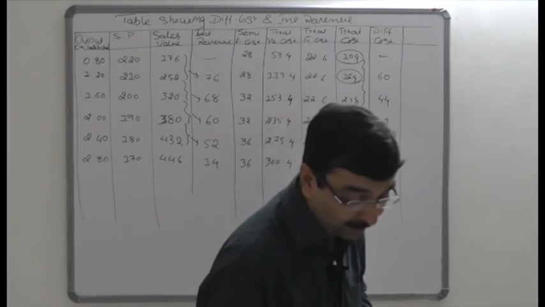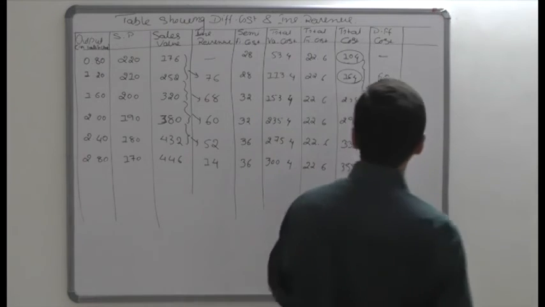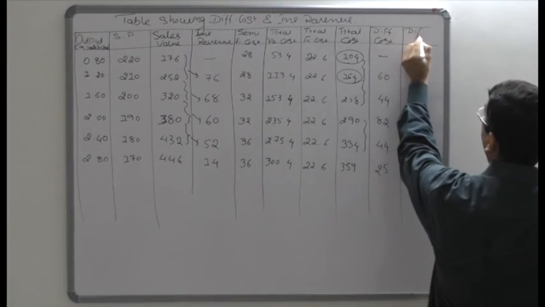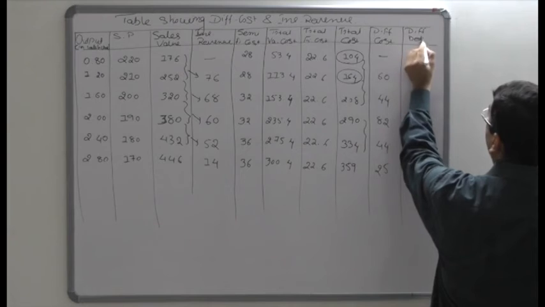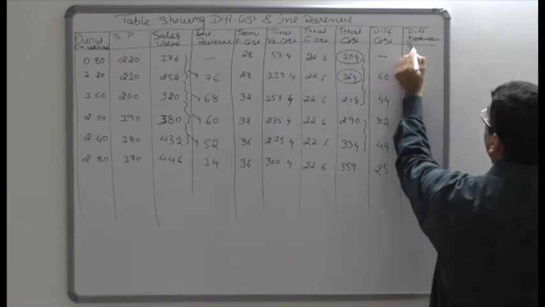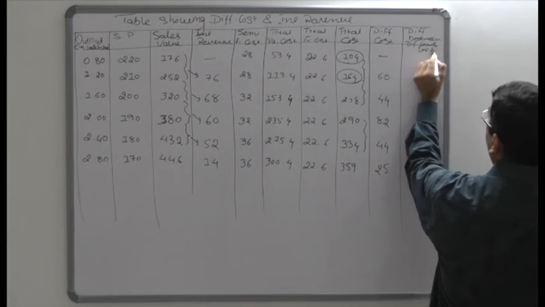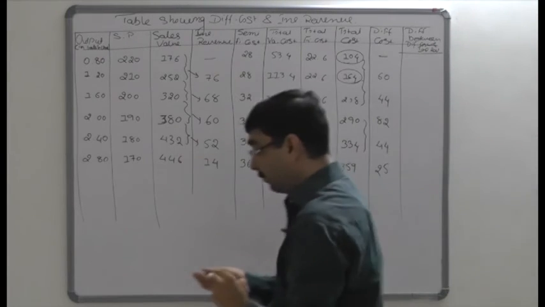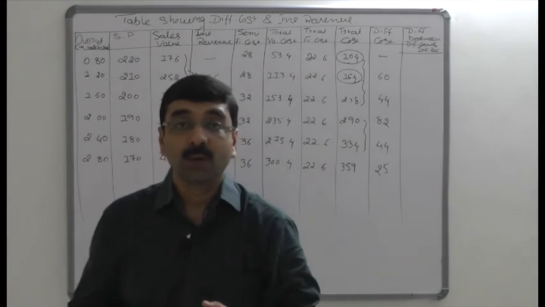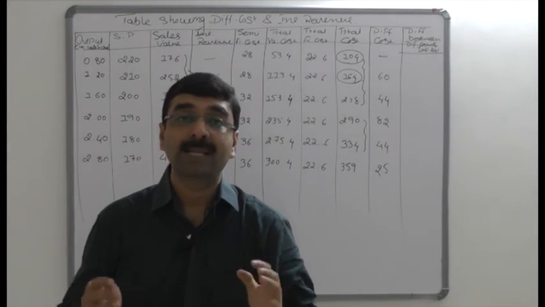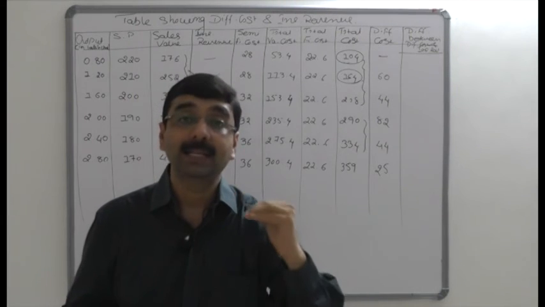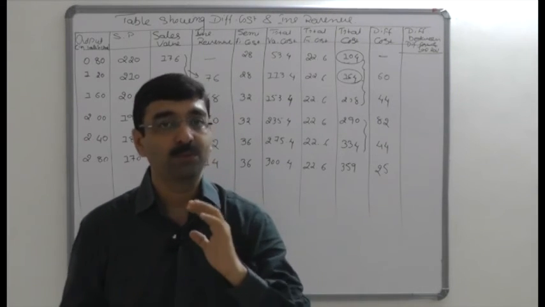Now we will find out the last one, the difference between differential cost and incremental revenue. Because we ask at what level of production the company earns maximum revenue and can continue the production level.